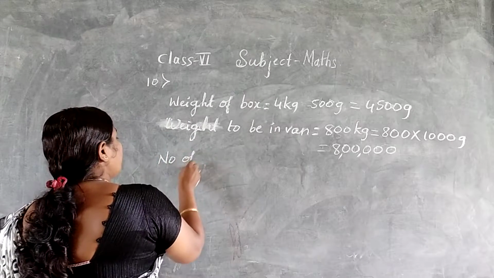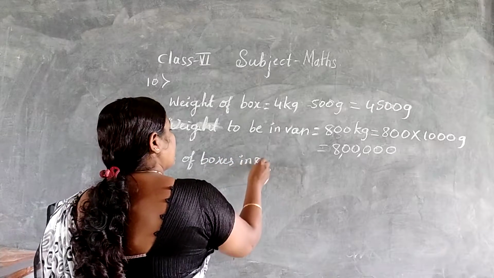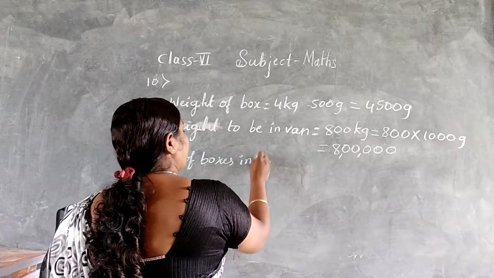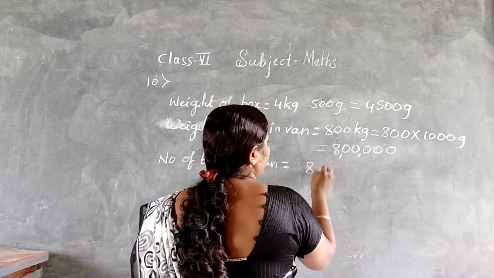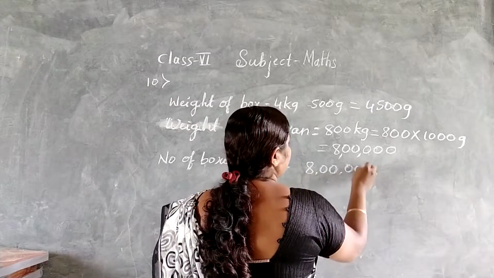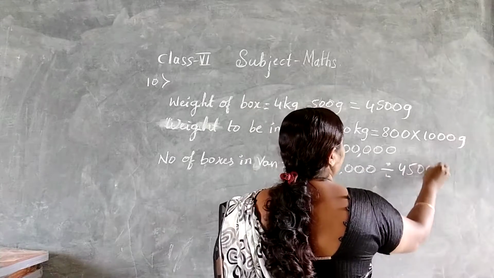So the number of boxes in the van is equal to 8 lakh divided by 4500.